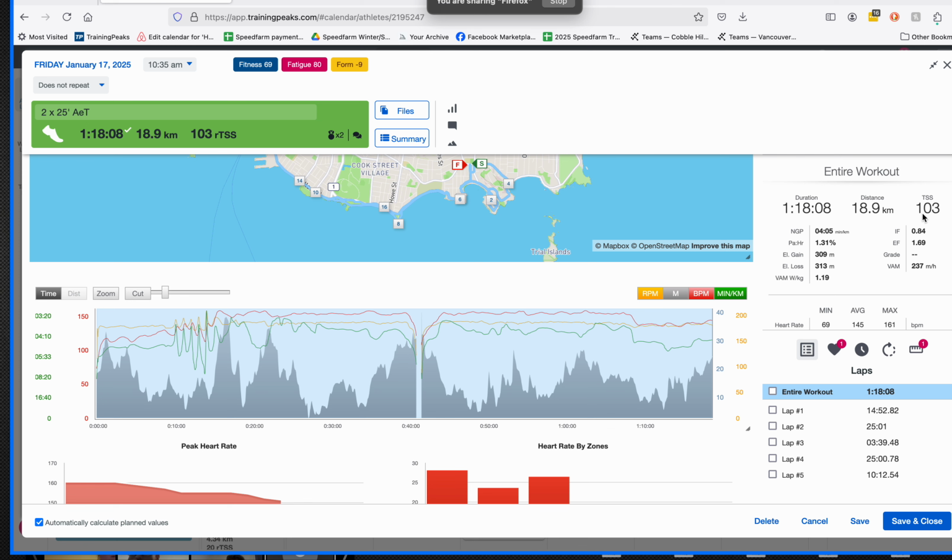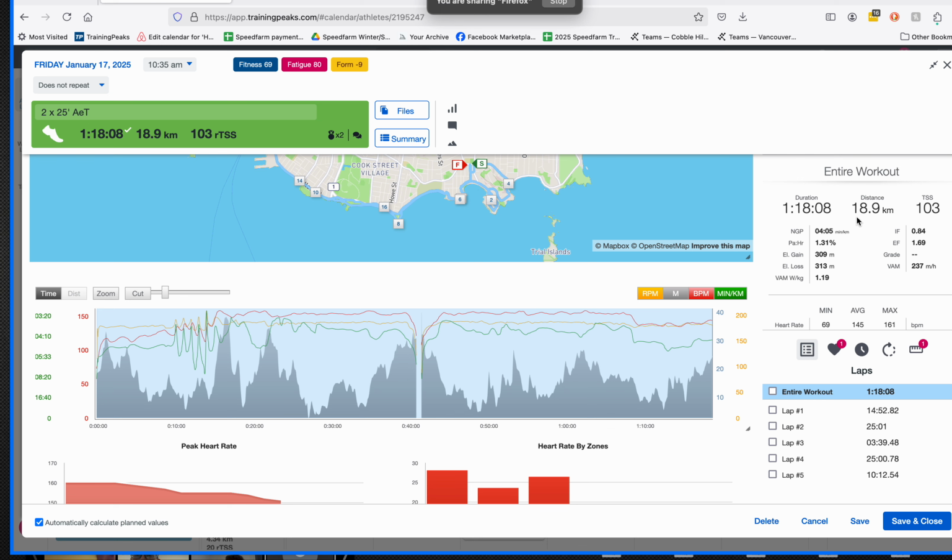Just to give you a ballpark of what this means, a training stress score of 100, theoretically, is 60 minutes at threshold, at not aerobic threshold, at anaerobic threshold, so the top of zone 4. So here Martin collected 100 training stress points in almost 80 minutes.